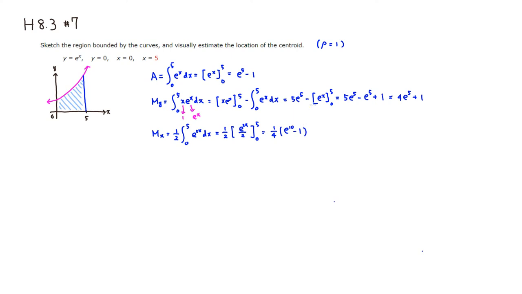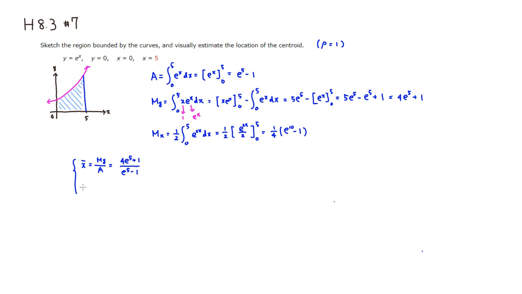If you want to find x bar, x bar is simply the moment with respect to y divided by A. The moment here is 4 e to the 5th plus 1, divided by e to the 5th minus 1.